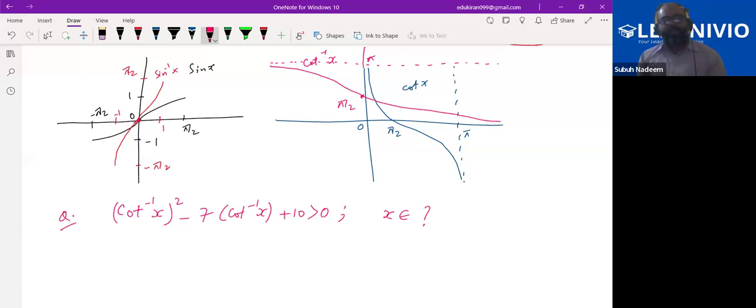Okay, what is the solution set of this inequality? So just give it a try. I'll be back in 2 minutes. Just give it a try.